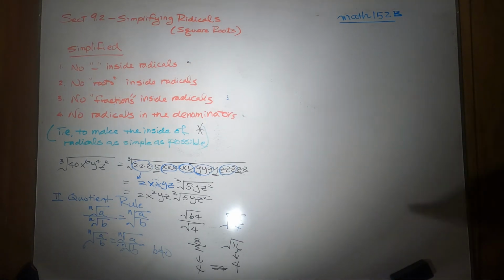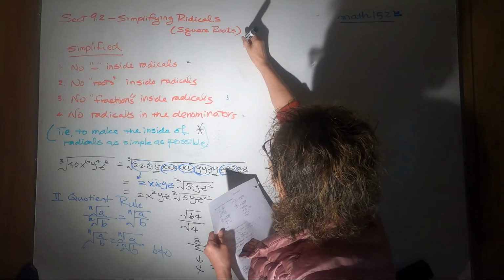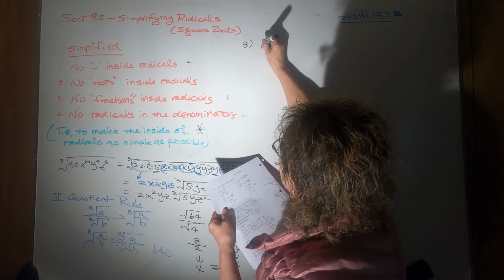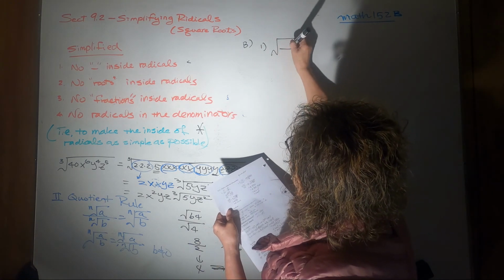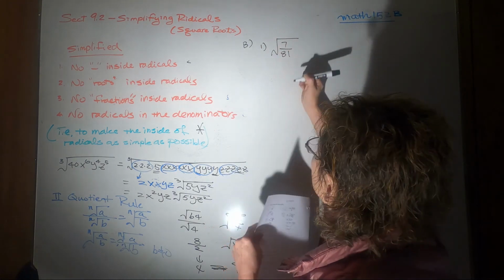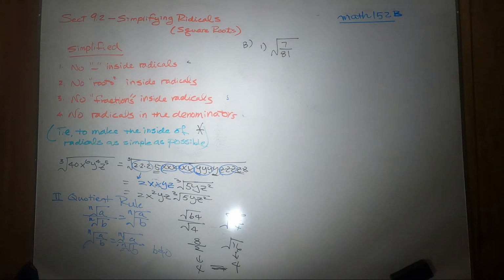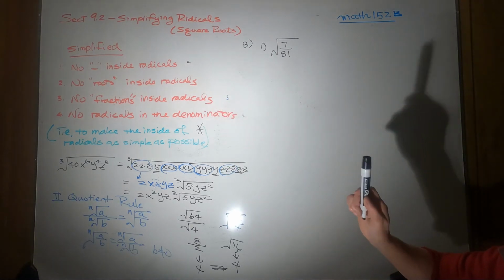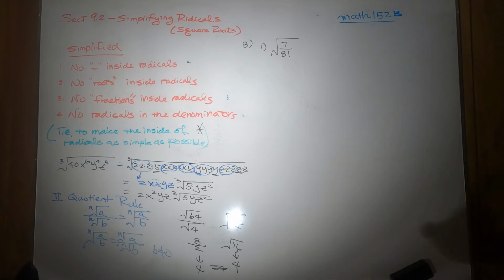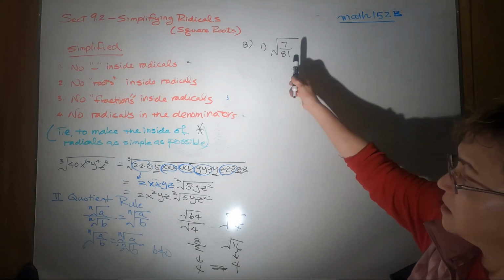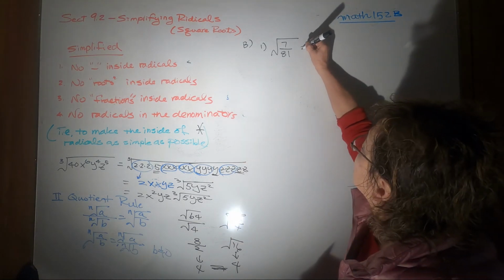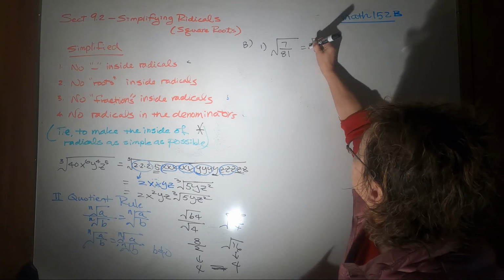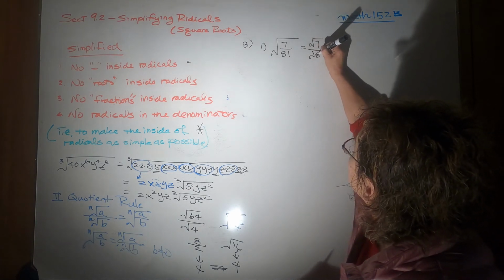Okay, let's look at the next page, page 40. Then when we have this situation, okay, the square root of 7/81. So do we have a fraction inside the radical? We don't want that. We don't mingle the crazy things with fractions. Okay, so according to this, we can just split them, because you can see 81 is a good number for a square root.